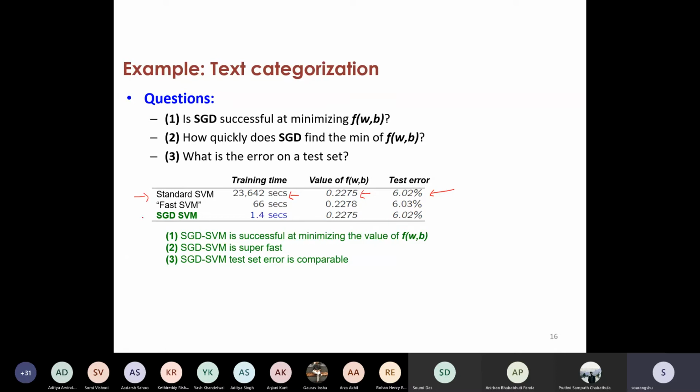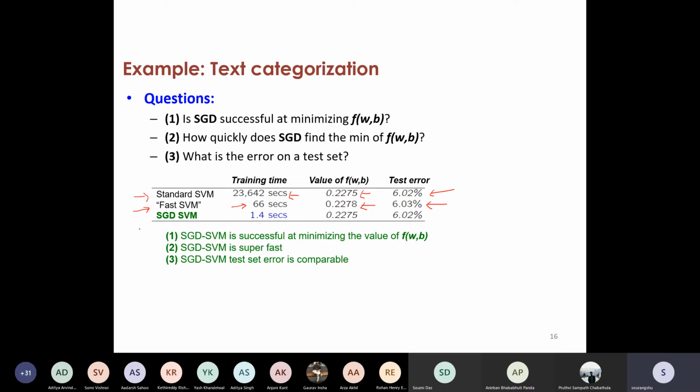Now they compared this also against fast SVM, a very customized dual coordinate descent kind of algorithm, which is taking 66 seconds. There is not much difference in either the optimal objective function value or the test error, but the time has dramatically reduced.